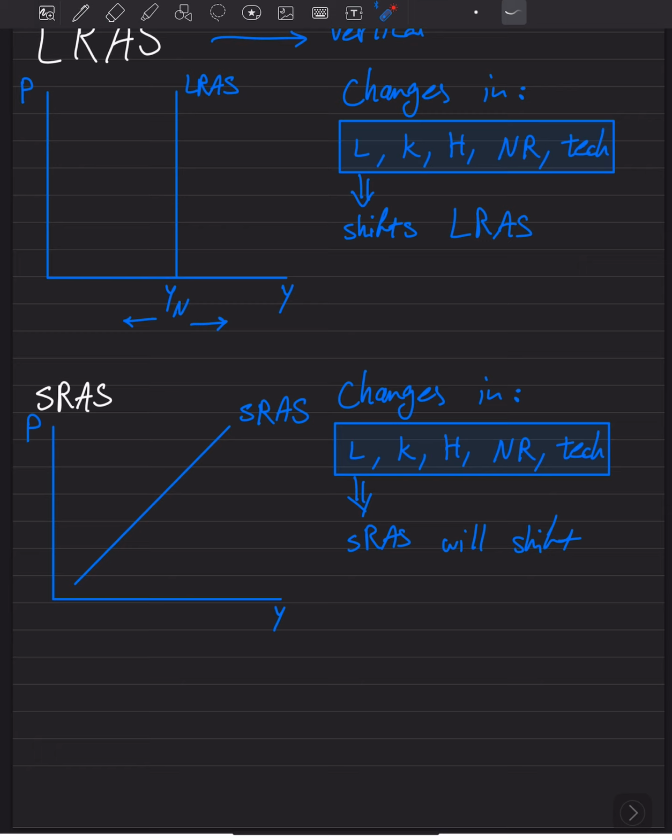Okay, but there's also one more factor that is different from the long run aggregate supply, and that is the expected prices. If the expected prices change, if businesses think that prices will rise in the future, they may cut back production now, shifting the short run aggregate supply to the left.